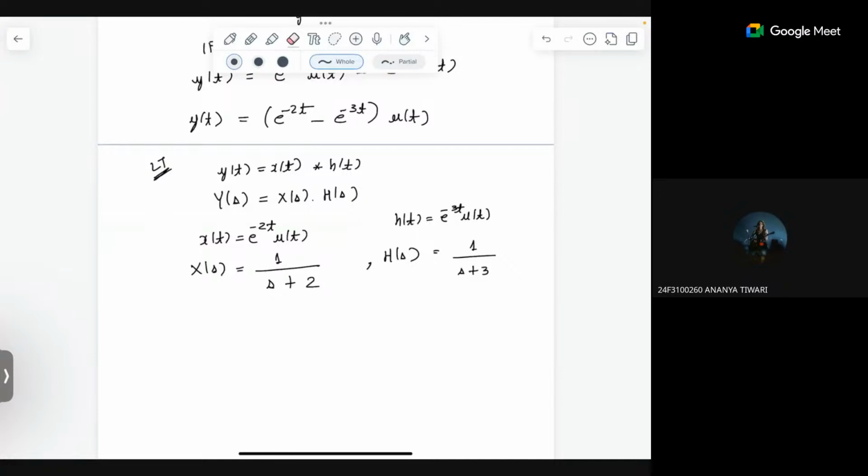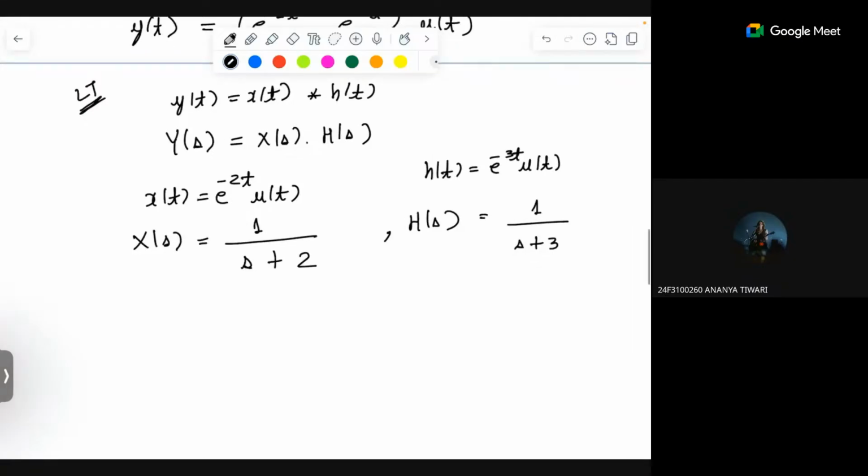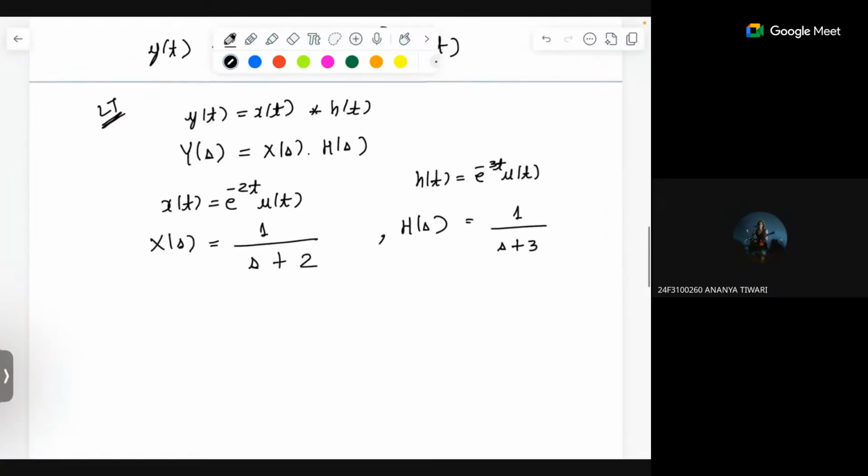So in writing, this is more compact than Fourier transform. Instead of writing j omega, writing s is more comfortable, right? We are comfortable with j omega also. All right. I find this s thing more comfortable.